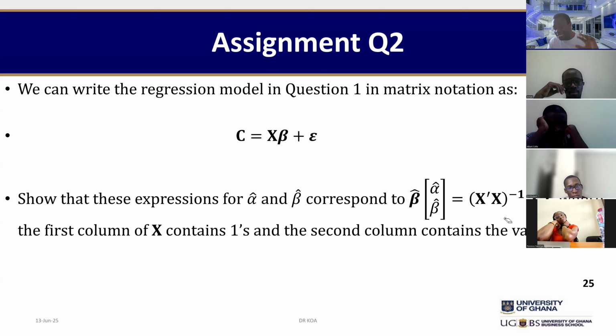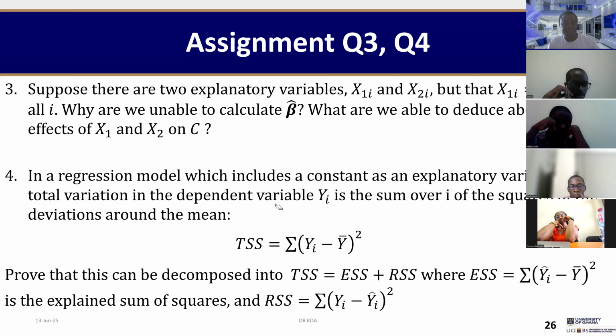Again, we did that in the previous case, but I did not use it for the consumption case. So I wanted to use that for the consumption case. And then derive the value of (x prime x) inverse x prime c, not y, but c. Derive that.